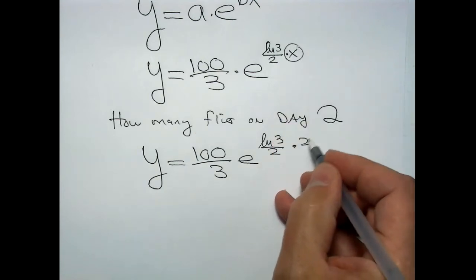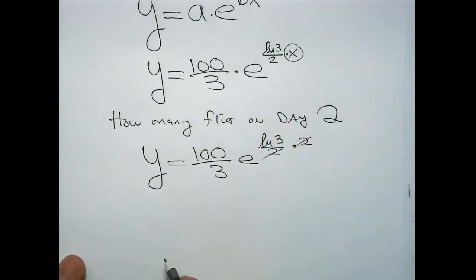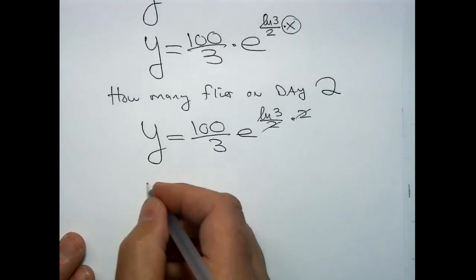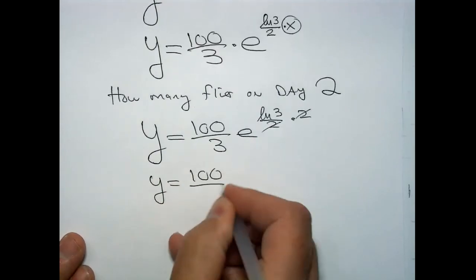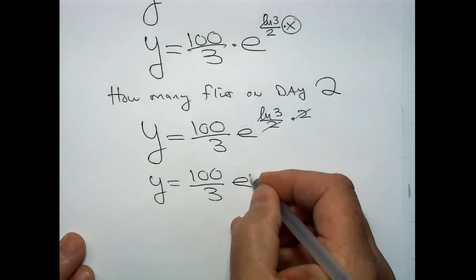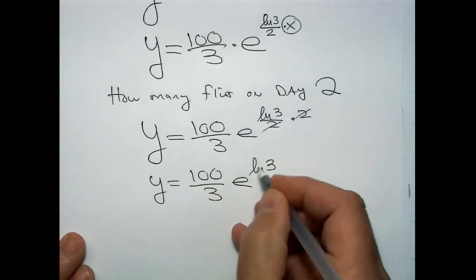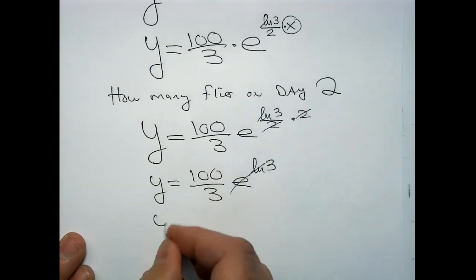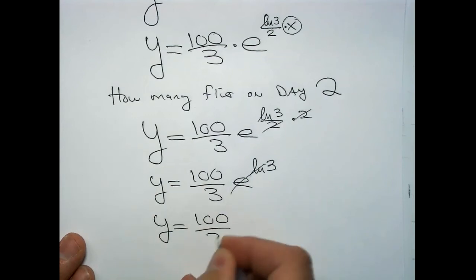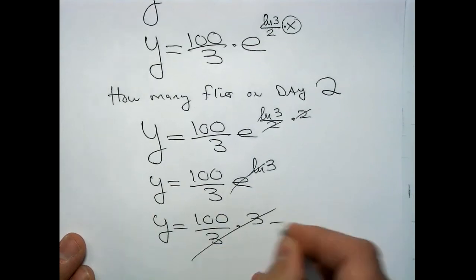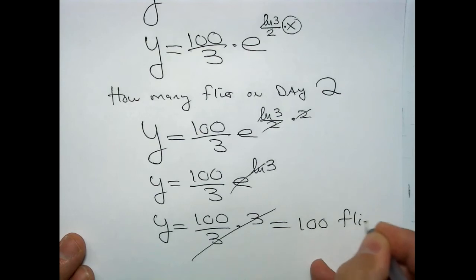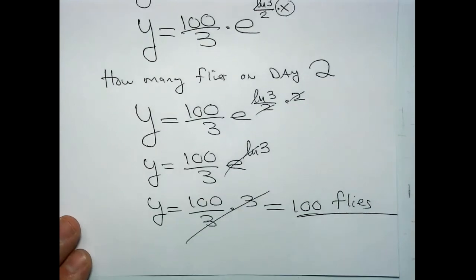Well, that's really nice. Cancel, cancel. And what do we got? Y equals 100 over 3e to the natural log of 3, and it happened again that these canceled. So y equals 100 over 3 just times 3, and there should be 100 flies on day 2. We knew that already, though, because that's how the problem began.